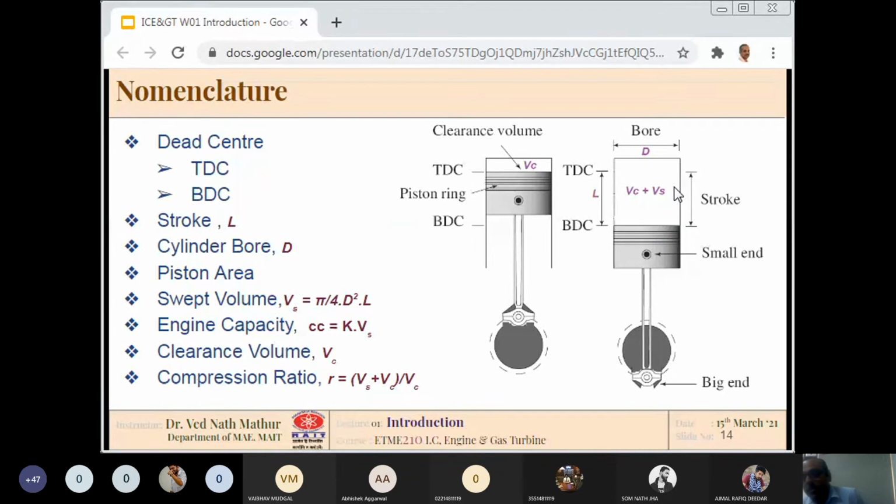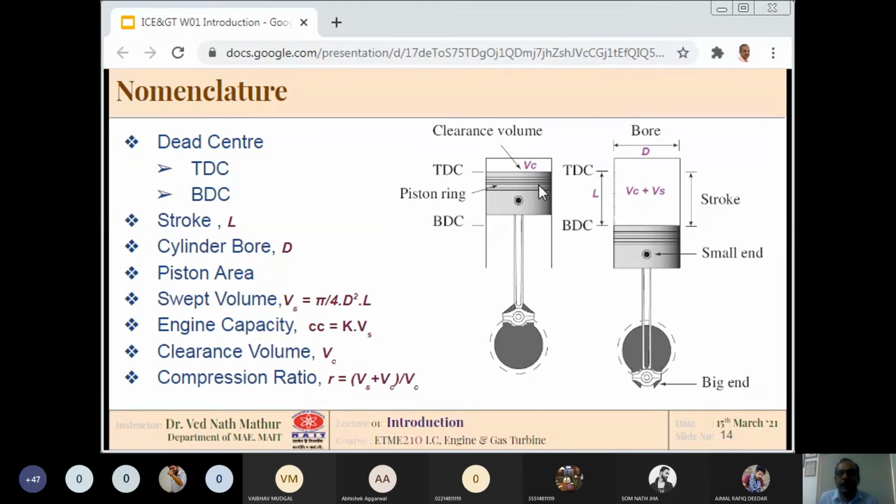So what does compression ratio mean? It is the ratio of volumes before compression and after compression. Before compression, the volume is Vc plus Vs, and after compression, the volume is Vc. So Vc plus Vs divided by Vc is the compression ratio of this cylinder or this engine.